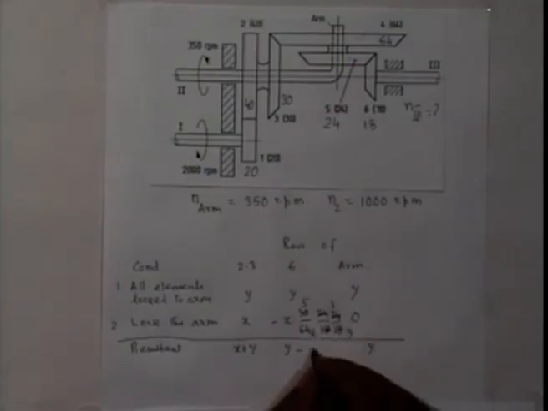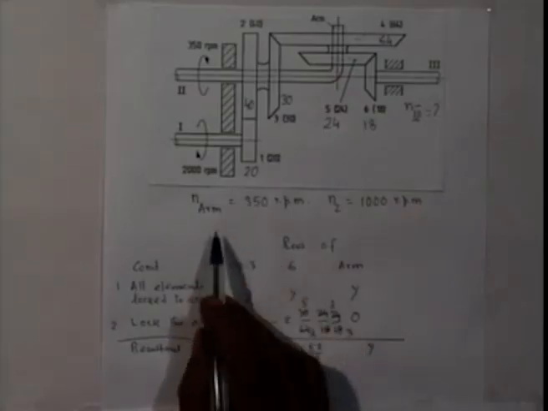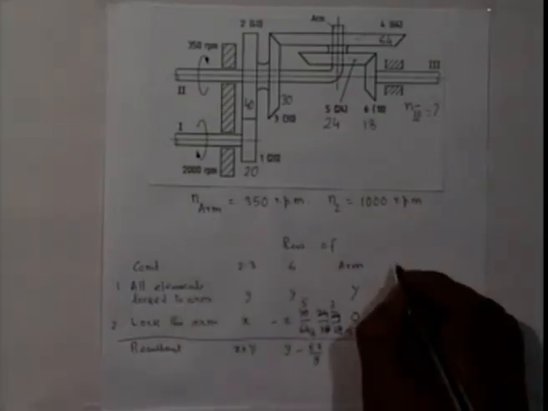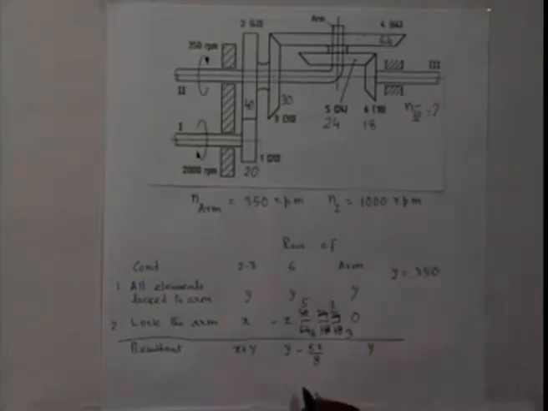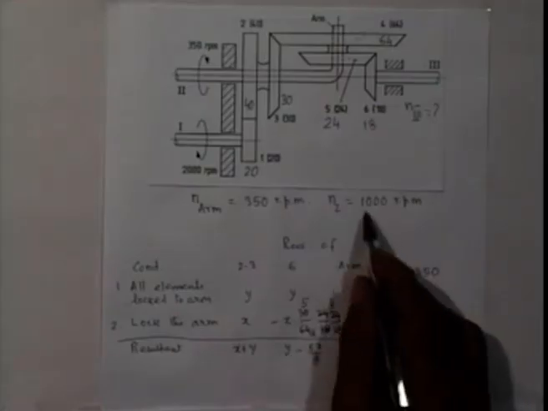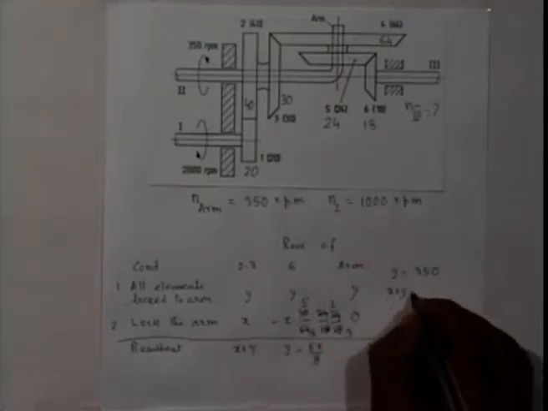So, y minus 5x by 8, out of which we are given the arm y is 350 and the sum is 1000, x plus y is 1000.